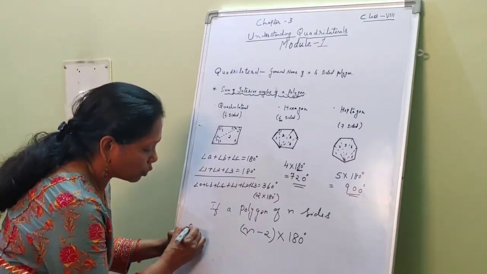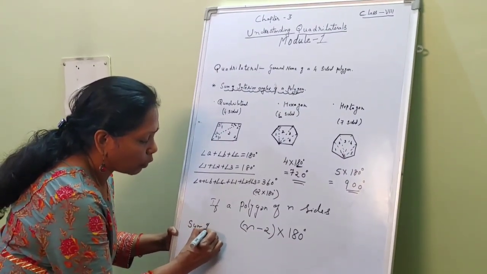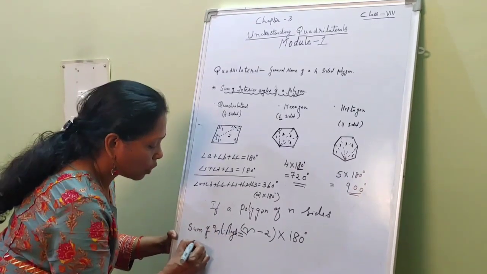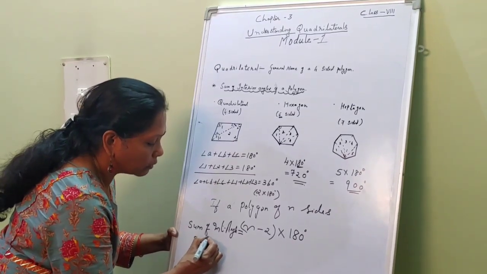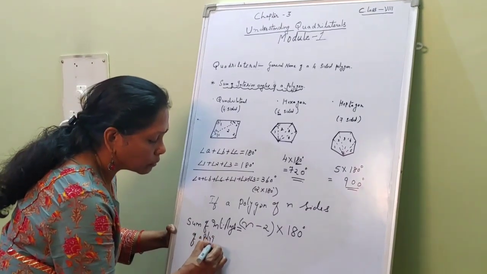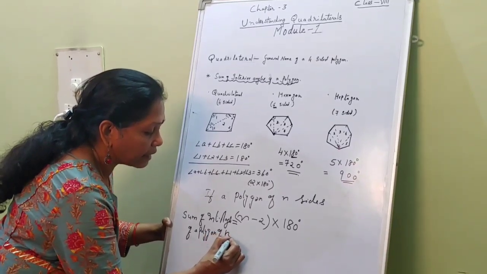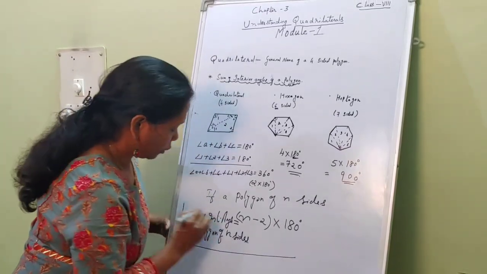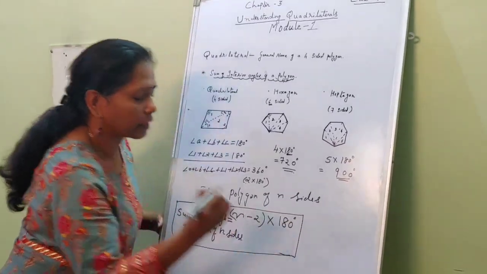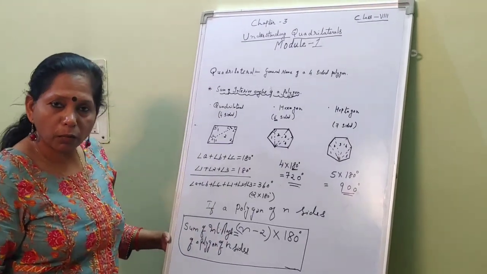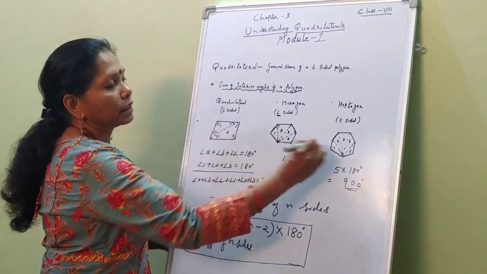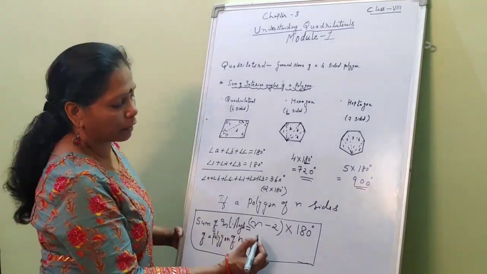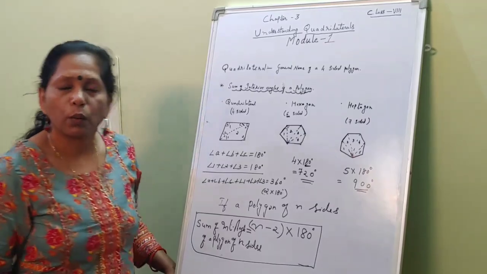So we come to a conclusion that the sum of interior angles of a polygon of n sides will be n minus 2 into 180 degrees. So even if you forget the formula, you can always remember this: it is divided into two less triangles. You can find it by the formula n minus 2 into 180 degrees.